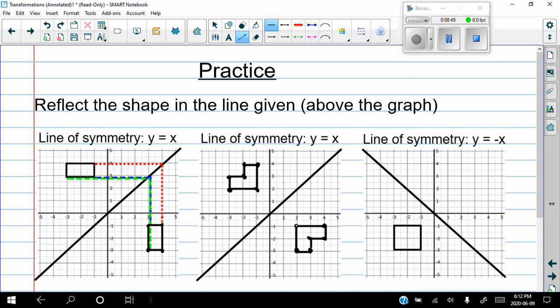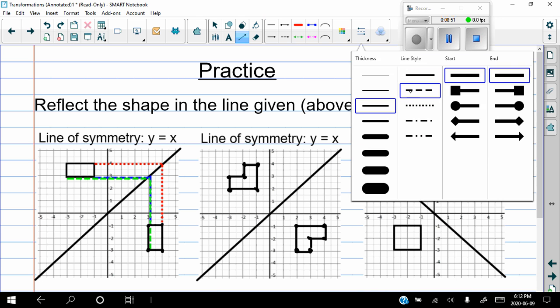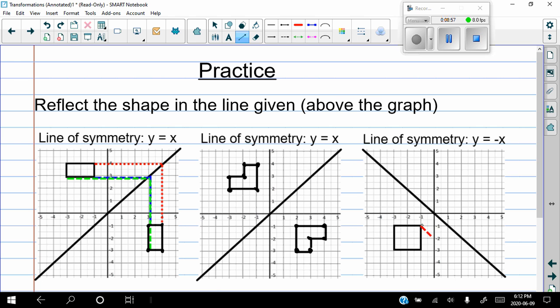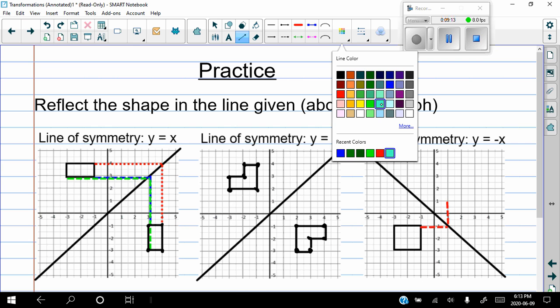So last one we're going to go through is where we had y equals negative x as our line of symmetry. So nothing has changed here. We're doing the same procedure. So we're 2 away from here, so we're 2 away to find our point there. Next thing we're going to do is look at another line.